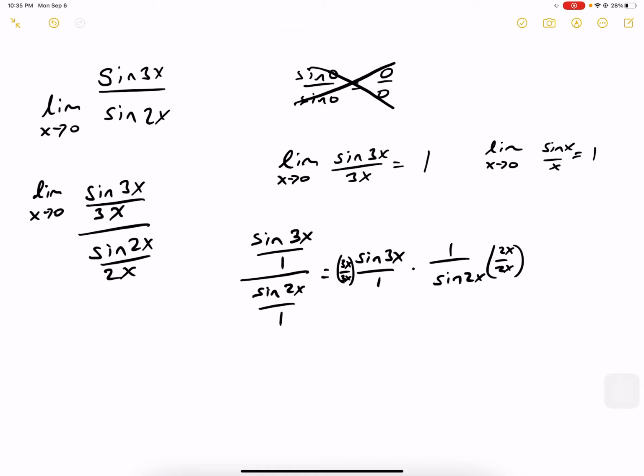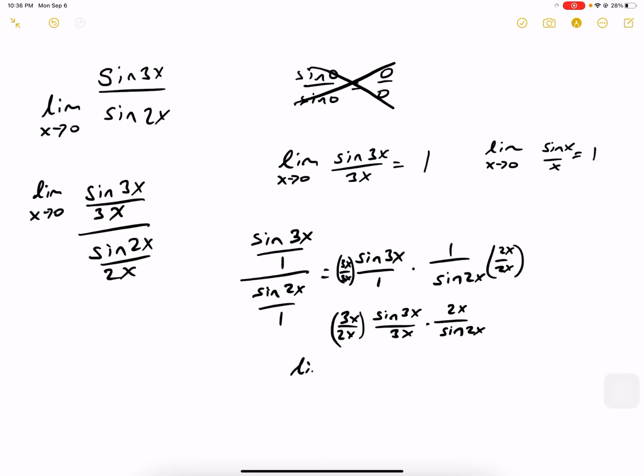Okay. So when we simplify this, we'll have 3x on top, a 2x on bottom, and then we're going to have sine of 3x over 3x, and then 2x over sine of 2x. So really, throw a limit in front of that.